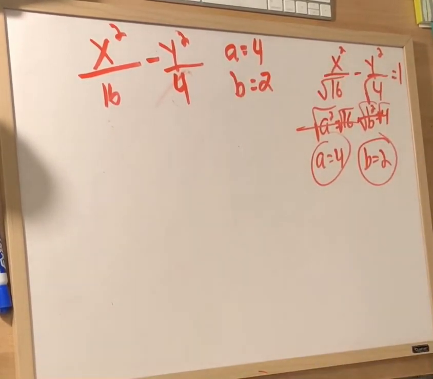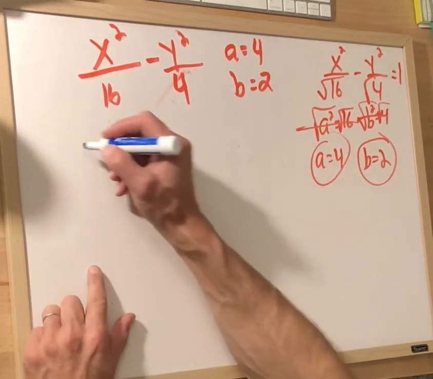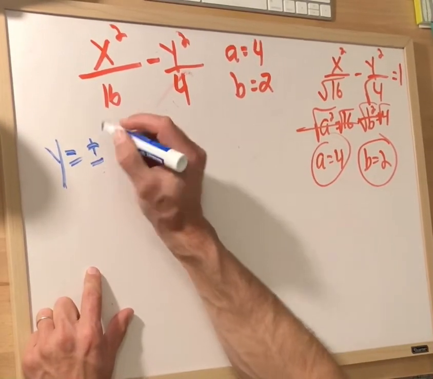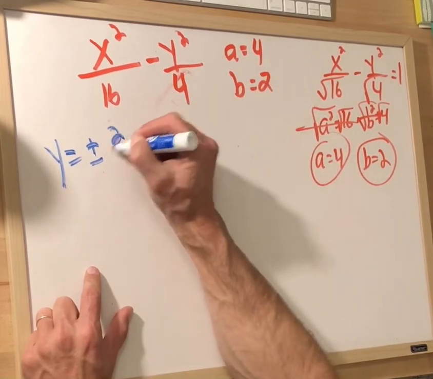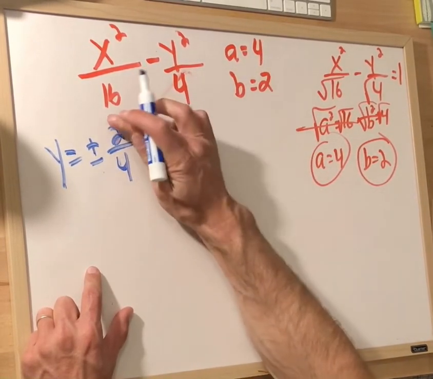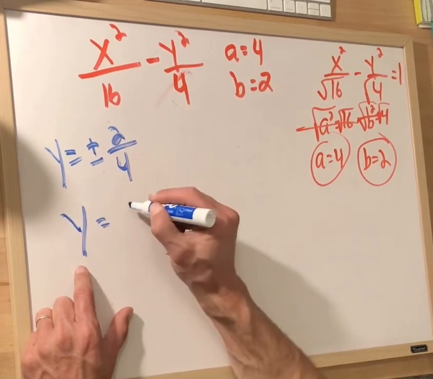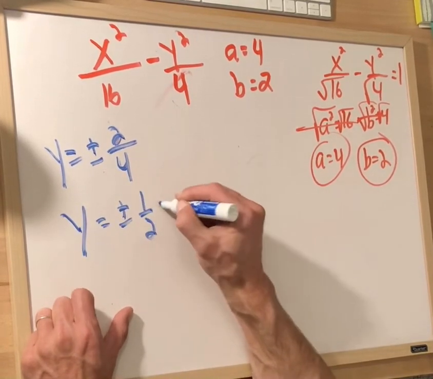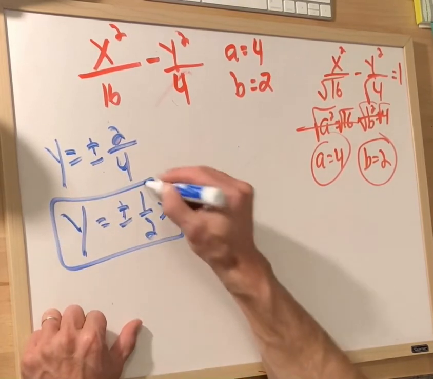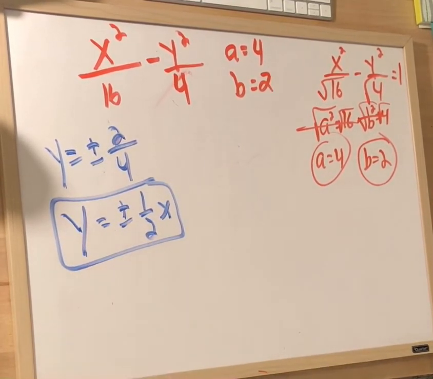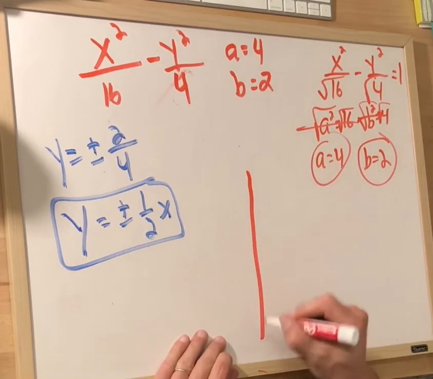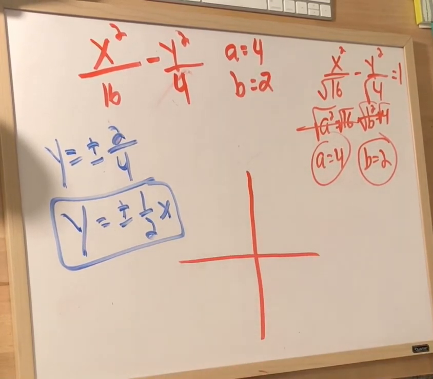Okay. First off, what is your asymptote line? If you look in the notes, whenever x is positive, it's y equals plus and minus b over a x. Or y equals plus and minus 1/2 x. So if you were back in Math 1 and it said graph y equals 1/2 x and y equals negative 1/2 x, here's your graph. And I would do this.